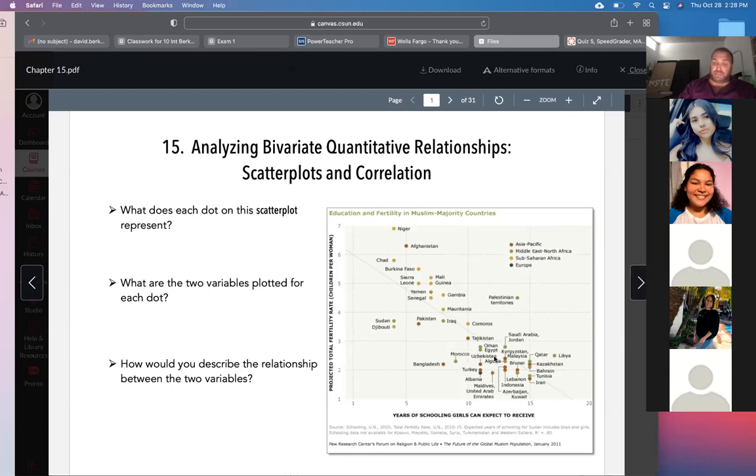It's not perfectly linear. In fact, if you had to give it one of three characteristics, strongly linear, moderately linear, or weakly linear, which would you say off the cuff? Do you think it's strongly linear, moderately linear, or weakly linear? Moderate. Yeah, somewhere in the moderate range certainly seems right.